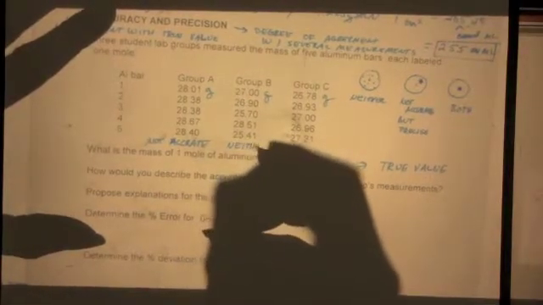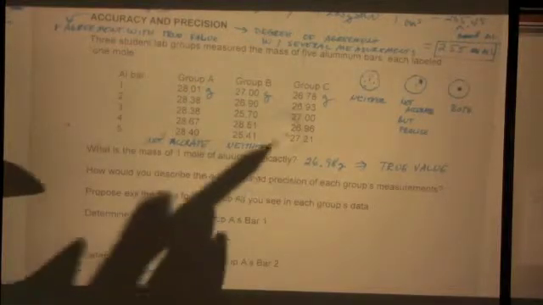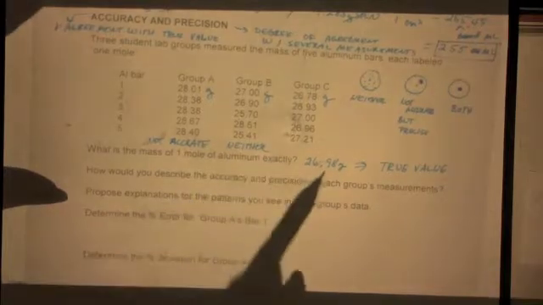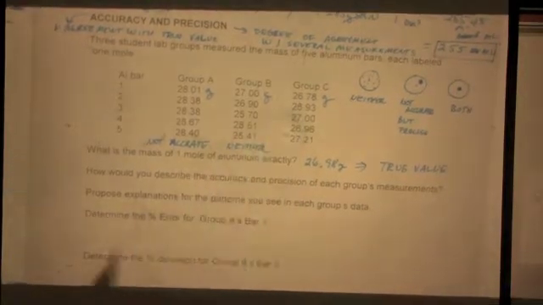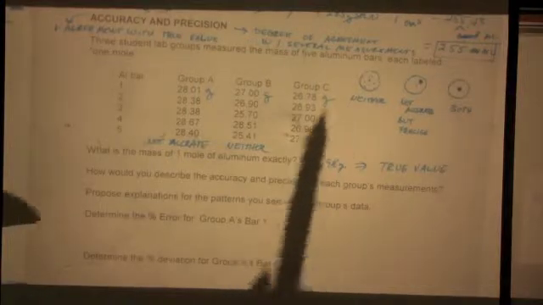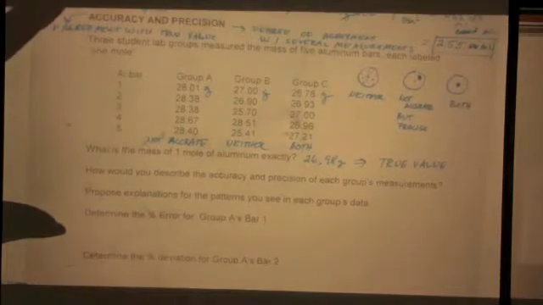Not really. So this would be neither precise nor accurate. And then this group here, 26.9, that's close. Yeah, they're pretty close. They're just off by 0.02 of a gram there. So this would be both accurate and precise.